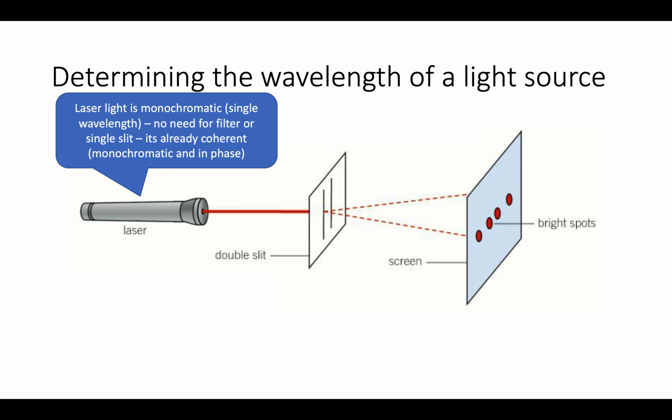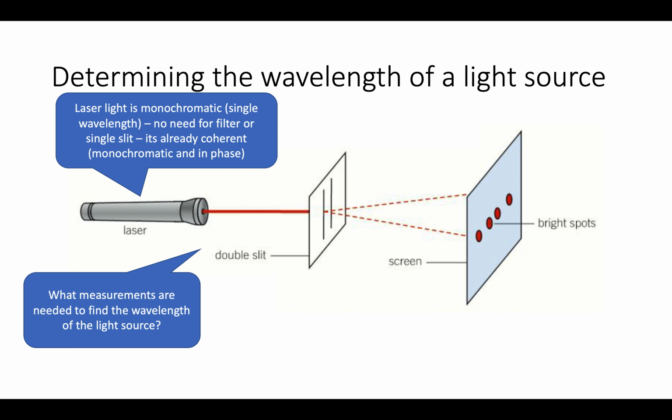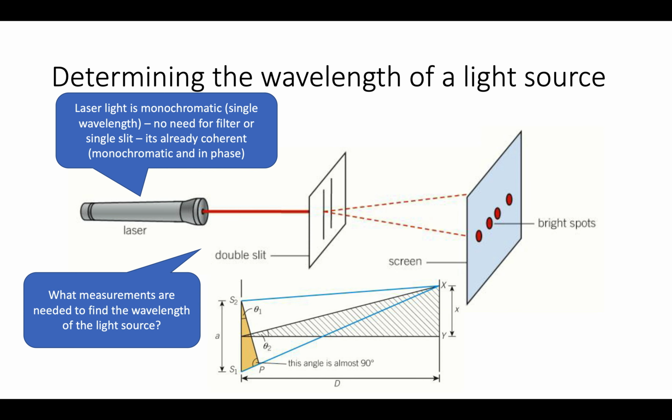So what would we need to measure to work out the wavelength of the light source? Think about what we just went through in the previous slides. There's the equation we just derived.